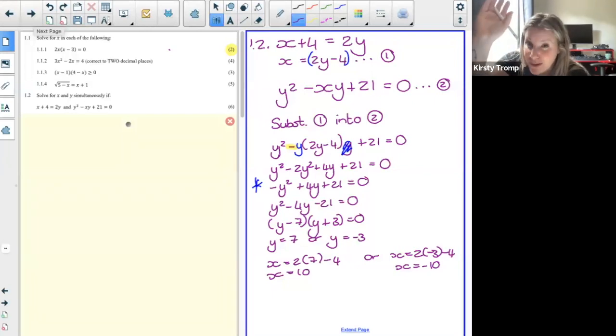Then I tell myself this is equation 1, this is equation 2, substitute 1 into 2, and I move on from there. Stick to the same format each time. Every single time you do it, you stick to the same format. If you're practicing that format for exams, you use that same format when you write your exam. You're not going to go wrong each time.